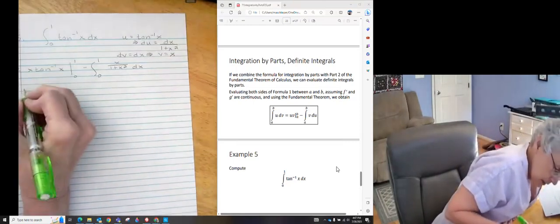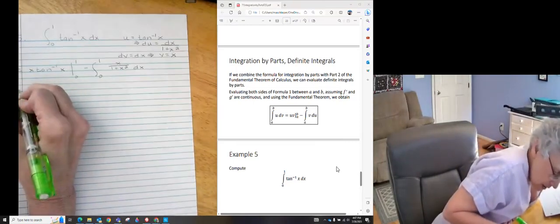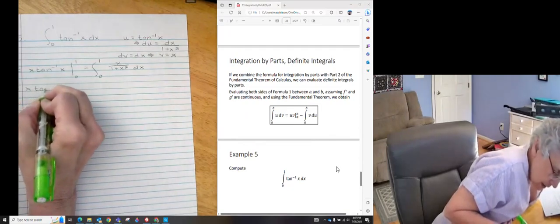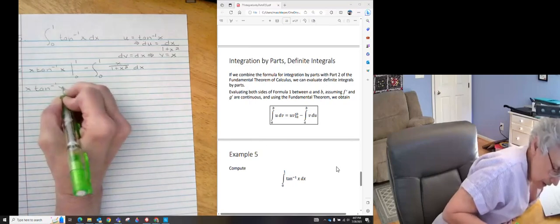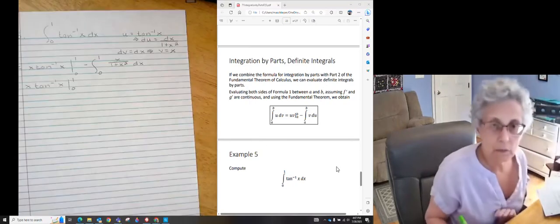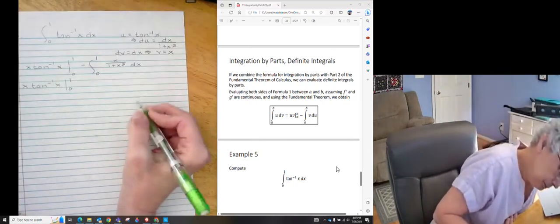So let's go ahead and just leave this as x times inverse tangent of x evaluated from 0 to 1.